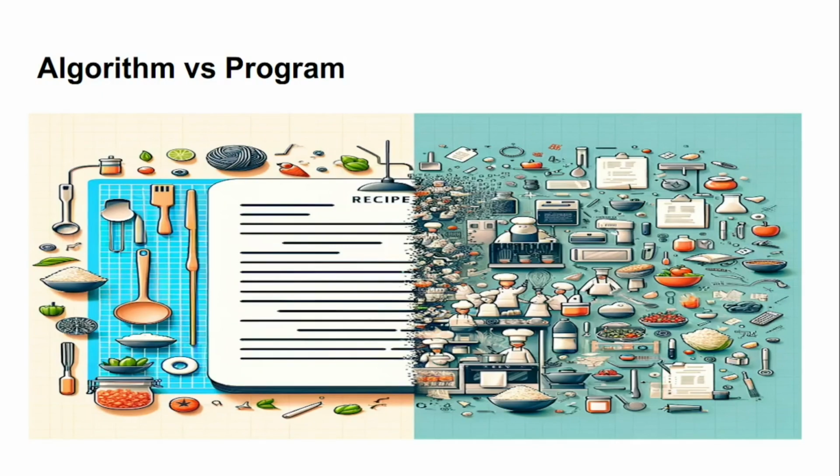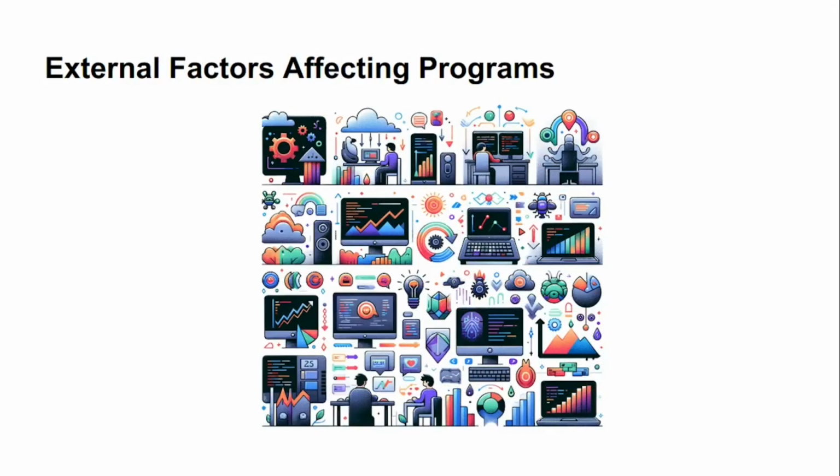Now let us discuss these variables, the external factors which influence the program. Why can't we directly equate an algorithm's complexity to a program's performance? Well, the performance of a program doesn't just depend on the algorithm. It's also about the programming language used, the hardware it's running on, and even the operating system.